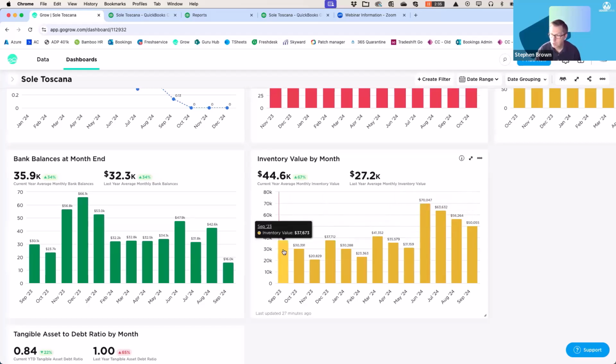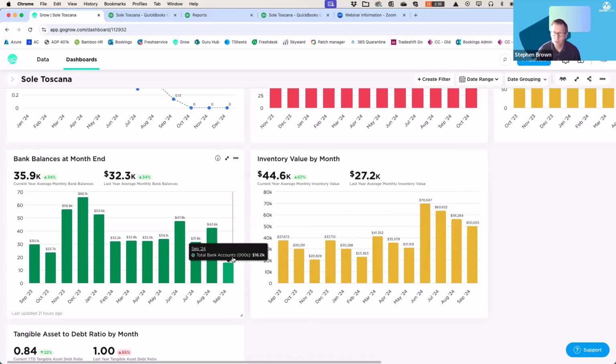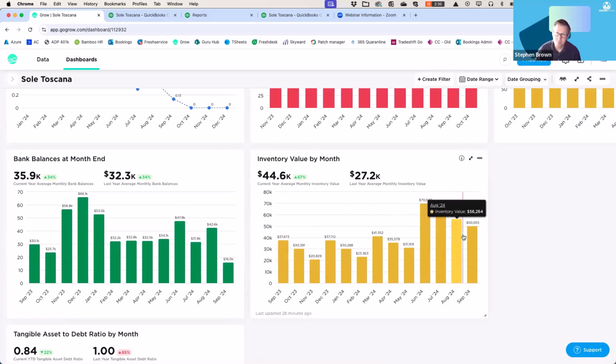And then we sold a lot of inventory, and you could see our balances went lower. That's not atypical for a consumer products brand, where you're going to see a lot of inventory. So my cash goes down, my inventory goes up. Maybe my cash stays somewhat level because I've got debt. I need to put a debt metric in here as well so I can keep track of that.